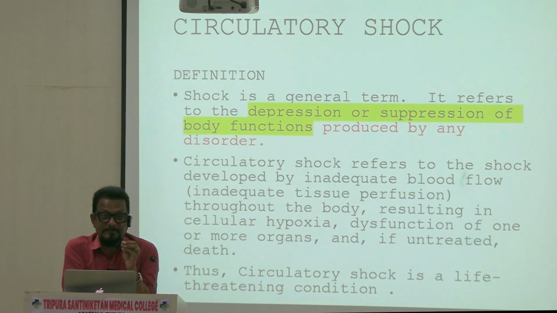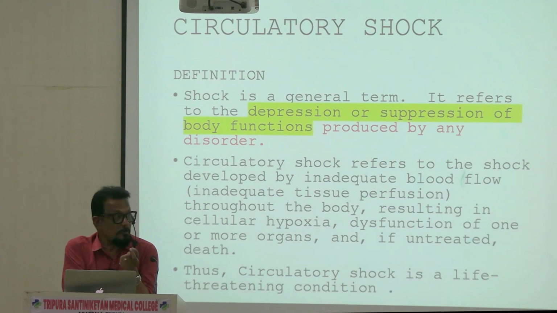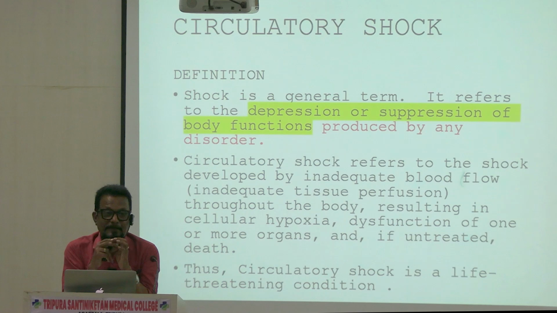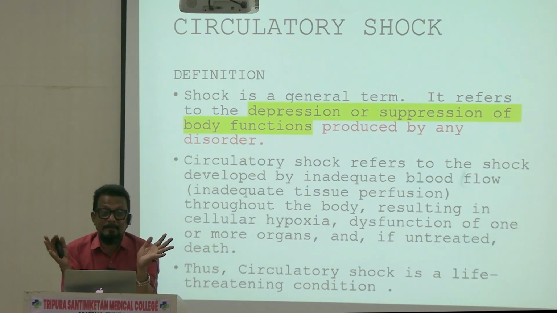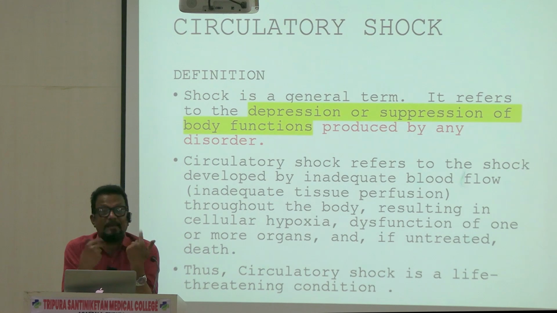And because of sepsis, there will be production of interleukins in the cell. And these interleukins are vasodilators. As a result, a lot of vasodilation will be there and other tissues will be perfused less.